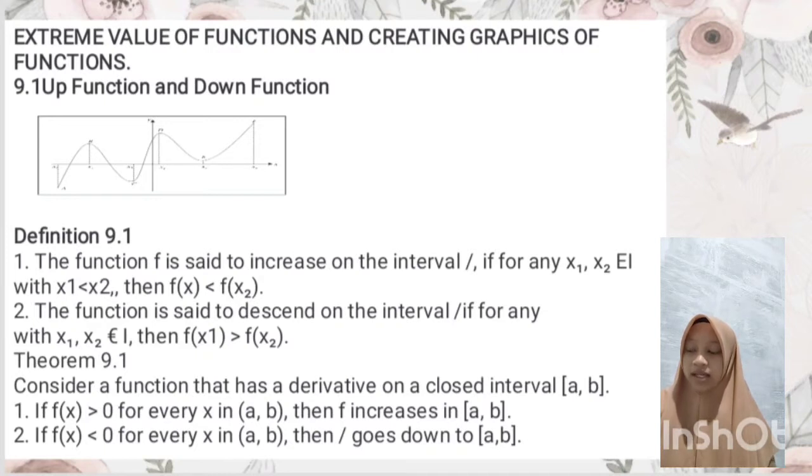If f'(x) is more than 0 for every x in [a, b], then f increases in [a, b]. 2. If f'(x) is smaller than 0 for every x in [a, b], then f goes down in [a, b].